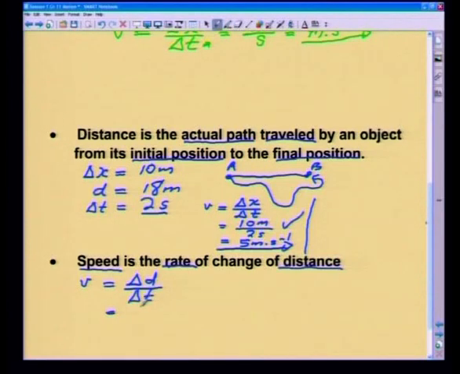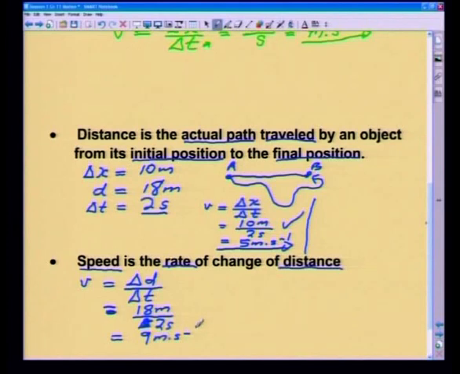What is delta d? The distance is 18 meters. And delta t remains the same. It is 2 seconds. So 18 divided by 2 is going to be 9 meters per second.